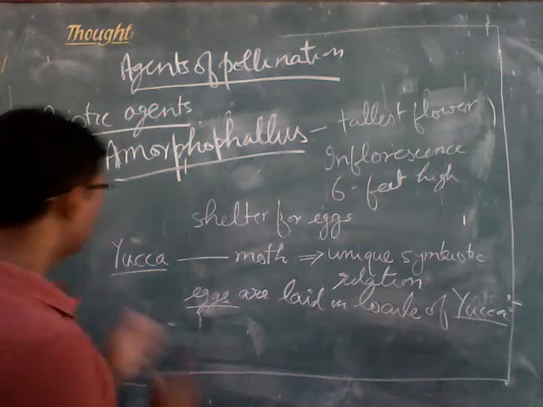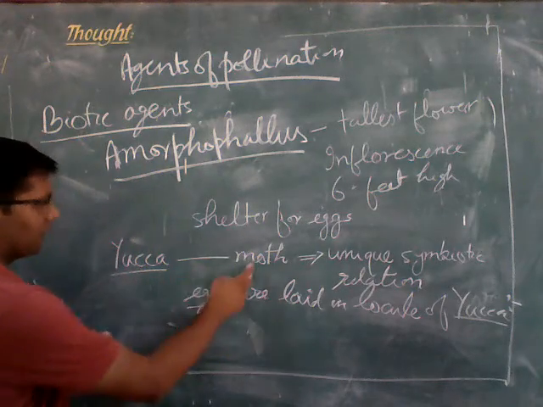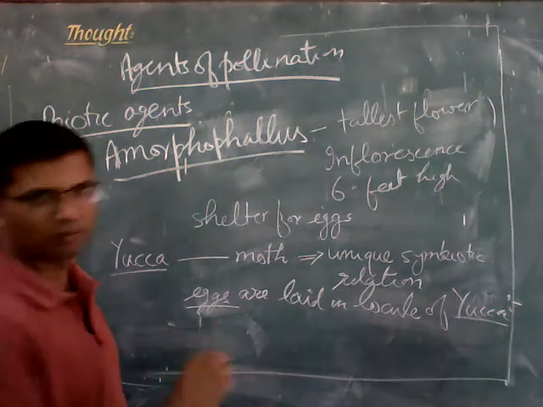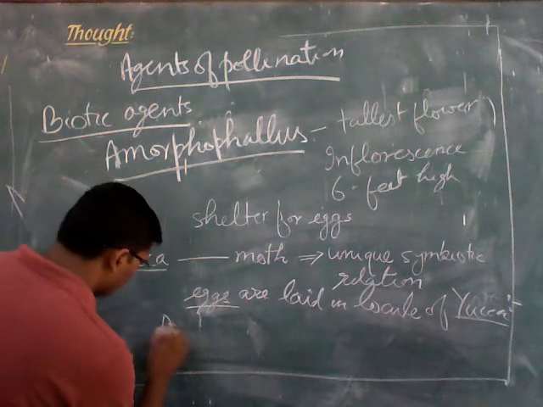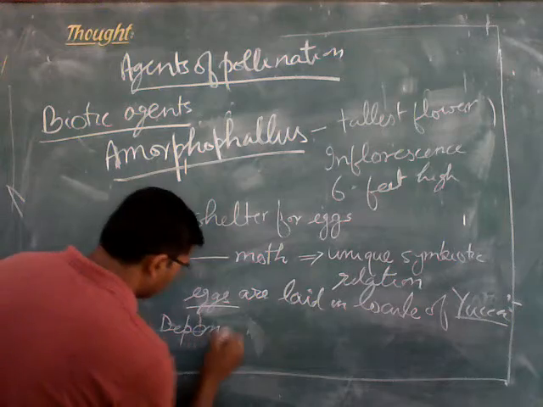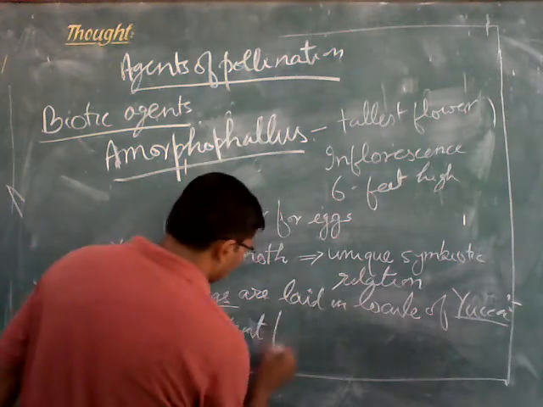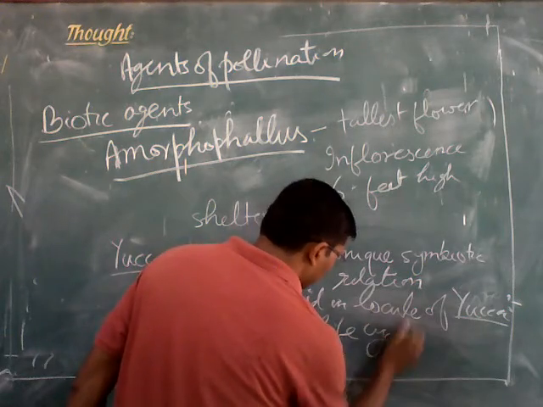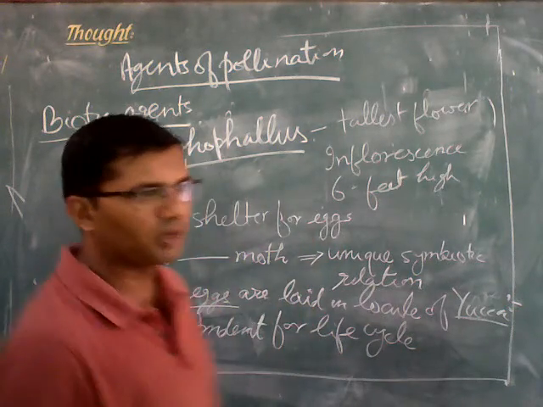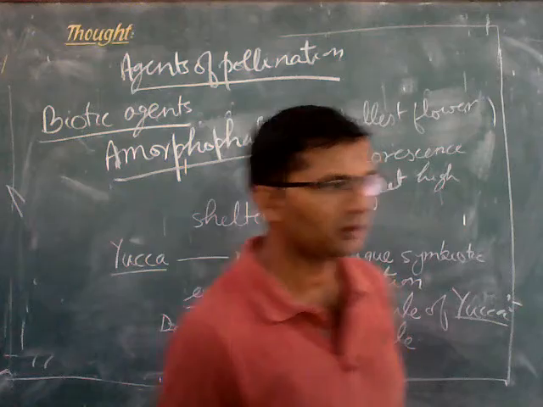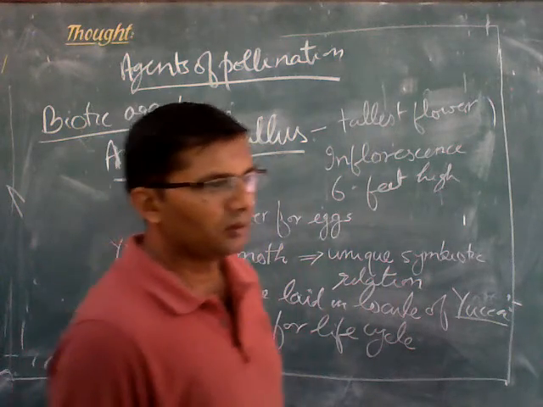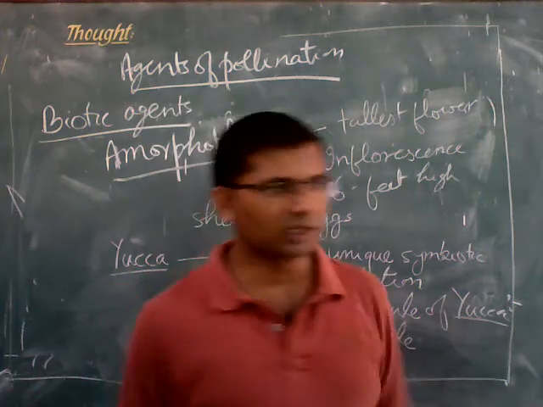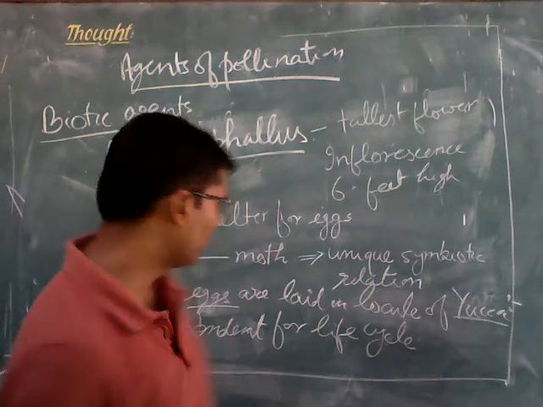So in this way, both are so much dependent on each other that they cannot complete their life cycle without the help of the other. And larvae come out as the seed starts developing. So this is a very important point.